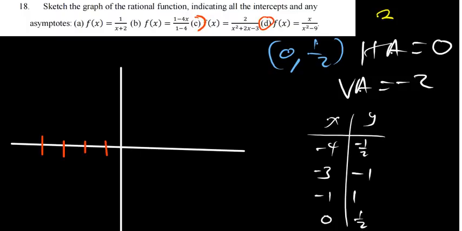So I'm going to put -1, -2, -3, -4. Exactly. 1, 2, 3. So in the y-axis we have what? -half. But let me first put -2 as my vertical asymptote there, and also my horizontal asymptote at 0.